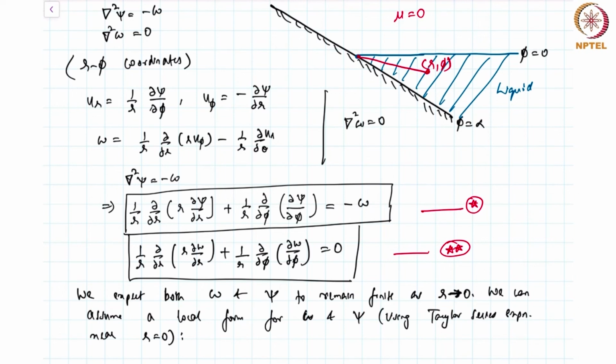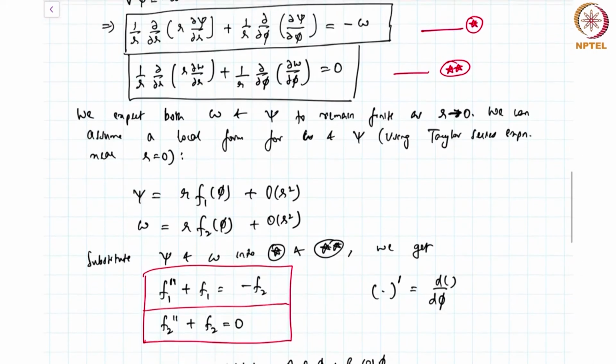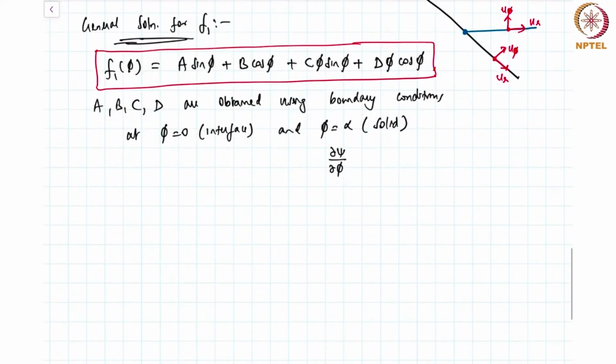I usually tend to write phi, but anyway, it doesn't matter. So we have del psi by del phi on the solid equal to 0. We also have the condition of velocity being finite on the wall.